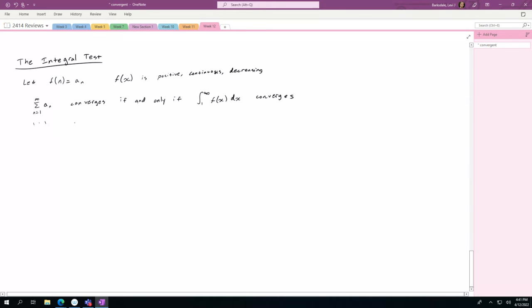And of course, we can say the exact same thing as far as diverging as well. So your series is going to diverge if the integral diverges. Your series is going to converge if the integral converges.